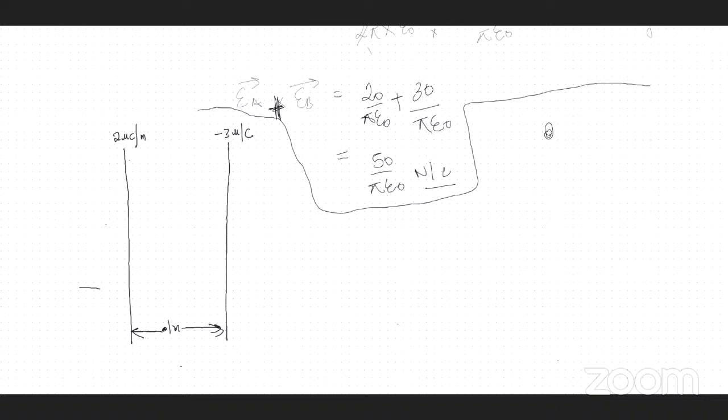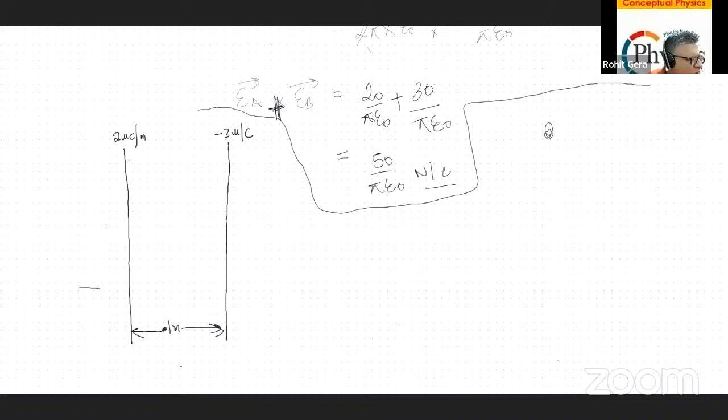At what point is the electric field zero between the two continuous charge distributions? So this is plus and this is minus. You already know that.